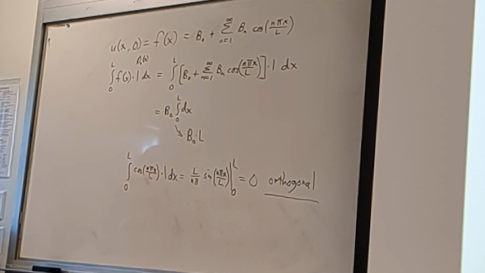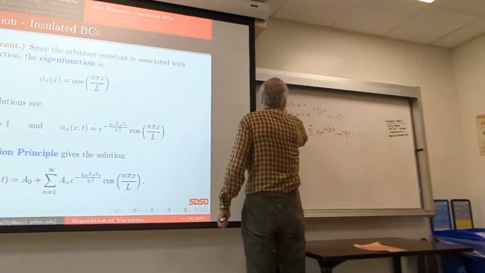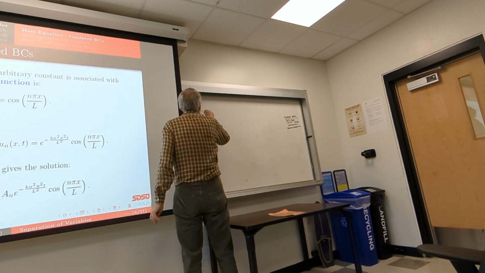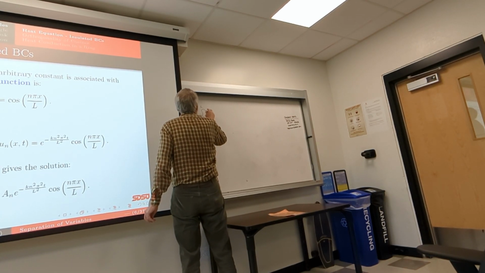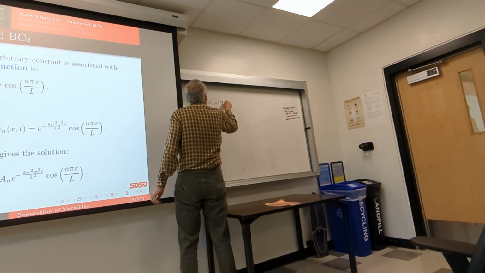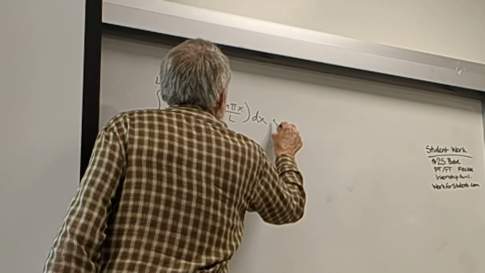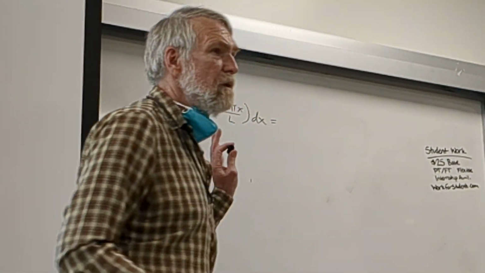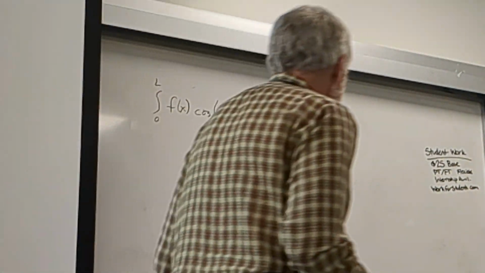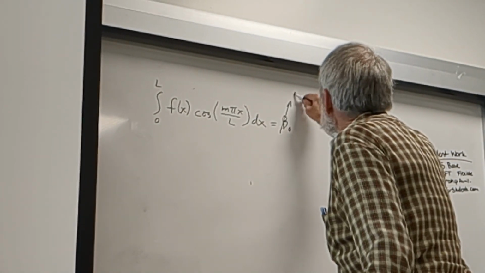So, as you mentioned, what happens if we multiply by cosine m pi x? We're going to look at the integral from 0 to L of f of x cosine of m pi x over L dx. That's going to be equal to, we already showed that the b0 term is going to be 0, because multiplying the constant by the cosine gives 0.